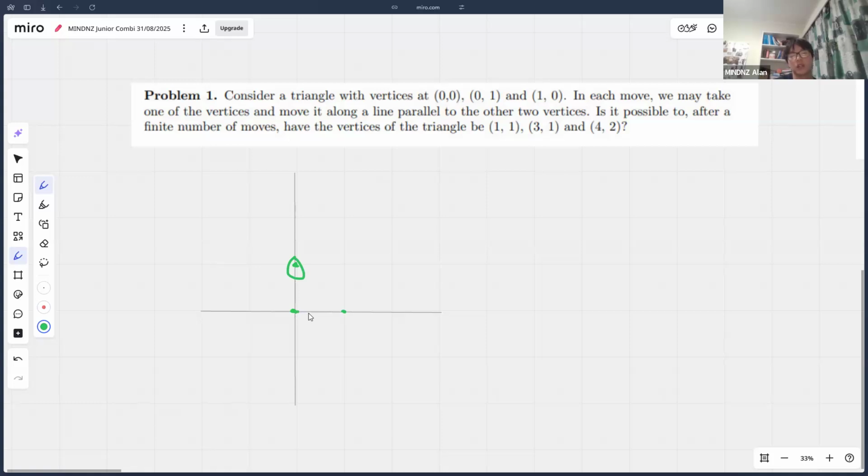That means we can move it along a line parallel to this, right? Which means we can move it anywhere over here. Is it possible, after a finite number of moves, to have the vertices of the triangle be at 1, 1, 3, 1, and 4, 2?